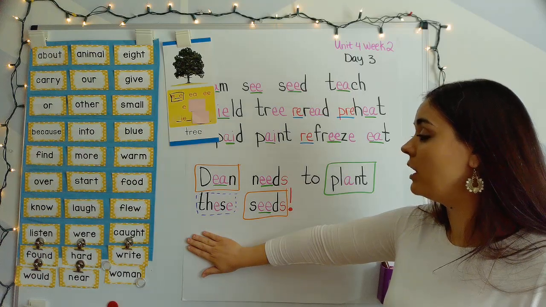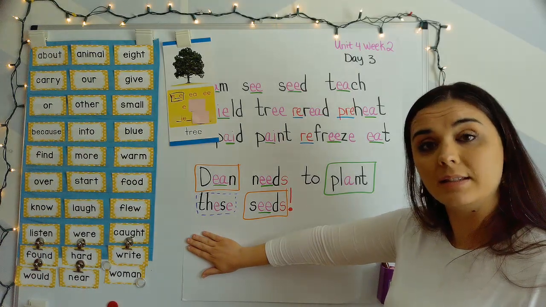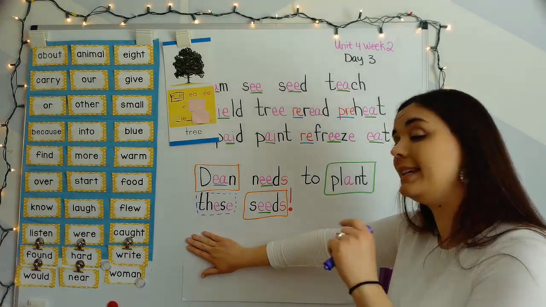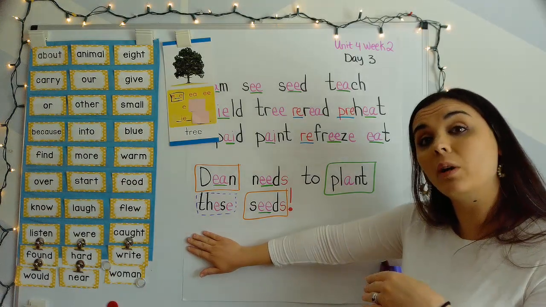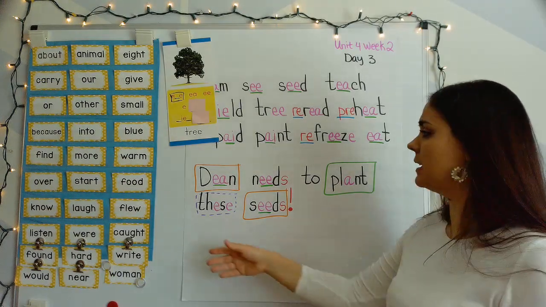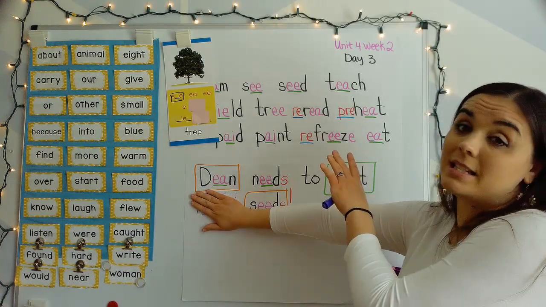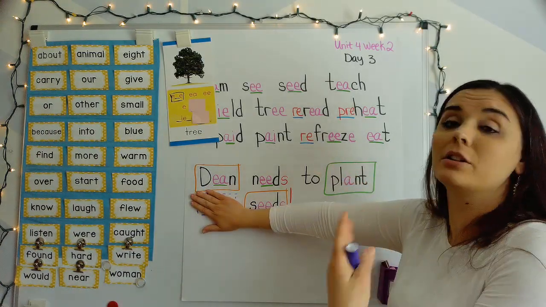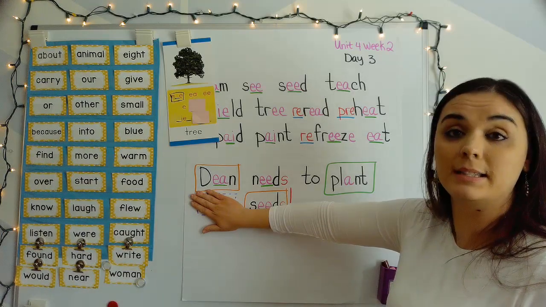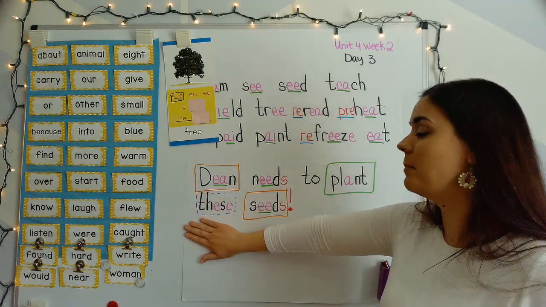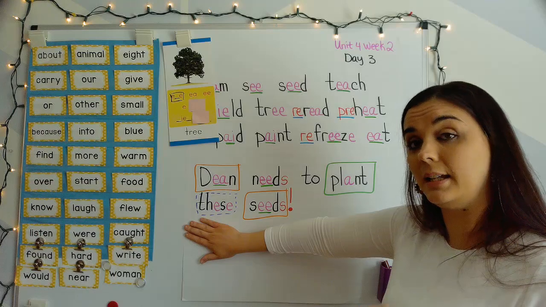But when you use the word these, Dean needs to plant these seeds, that gives more information about the seeds. It gives more information to go in the sentence. Of course, without it, it's still a complete, correct sentence. Dean needs to plant seeds. That's what he needs to do. But these are the seeds that he needs to plant.